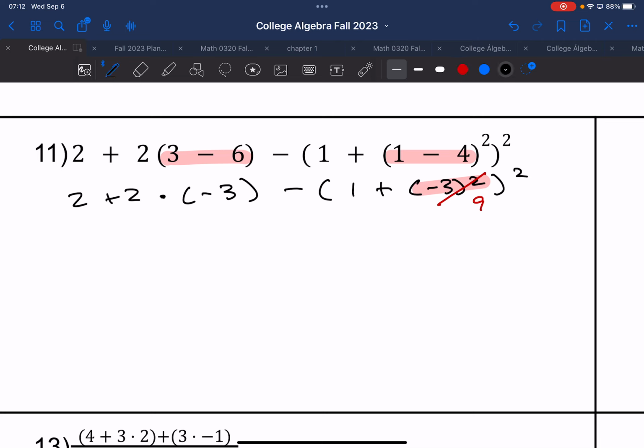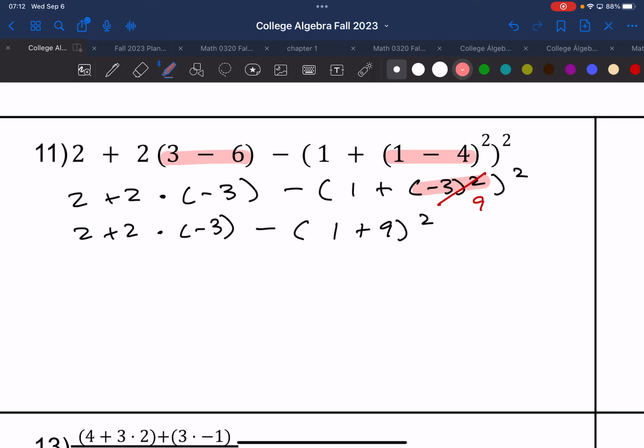So then we would have 2 plus 2 times negative 3 minus parentheses 1 plus 9 squared. Okay. What's next? Parentheses. Good. Parentheses, and then we'll do that exponent with it, since that's the last exponent.